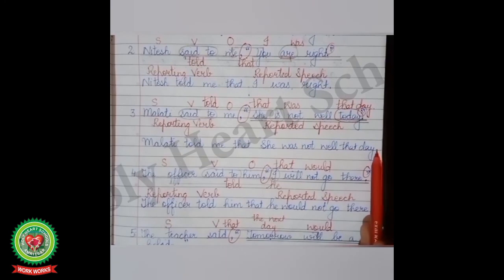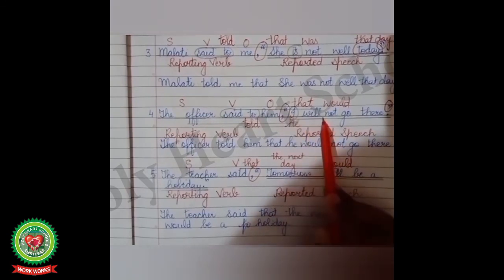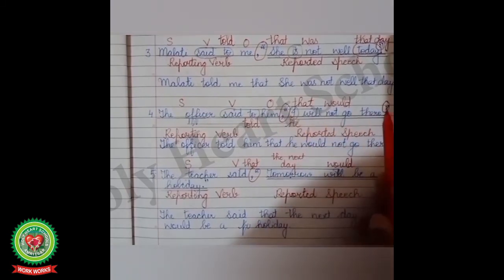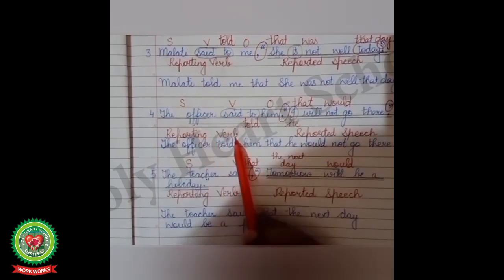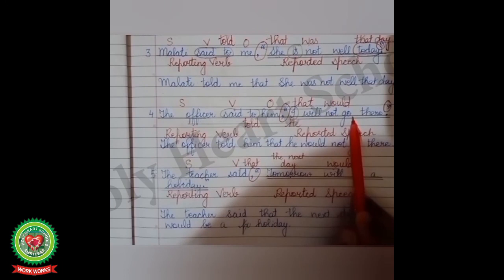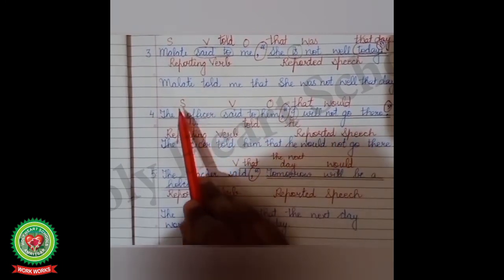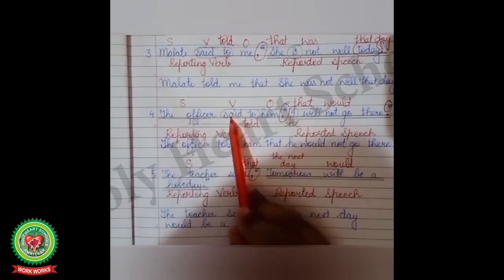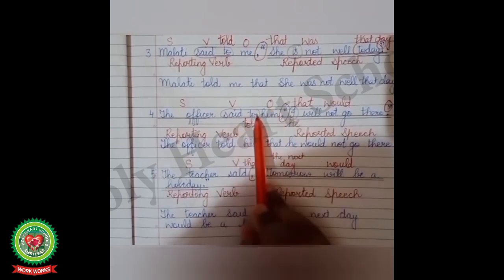Full stop. Look at example number 4. The officer said to him, comma, inverted commas start, I will not go there. Full stop, inverted commas close. The officer said to him is the reporting verb, I will not go there is the reported speech. Who? The officer, so subject. Said, action word, so verb. To whom? Him, so object. Said to will change into told.